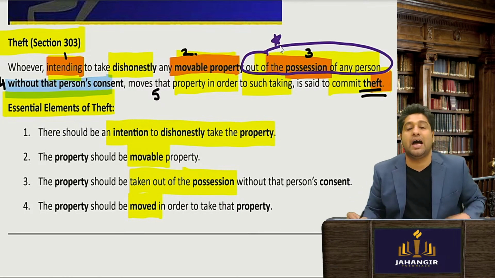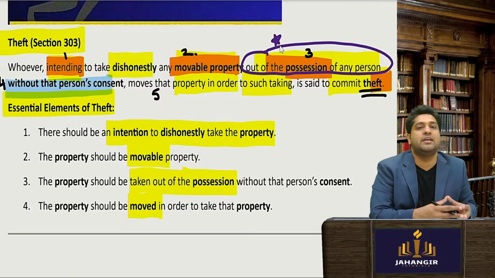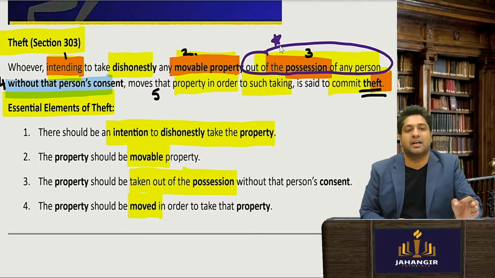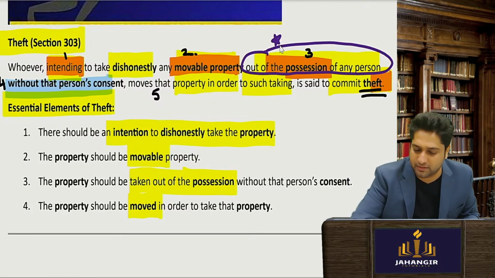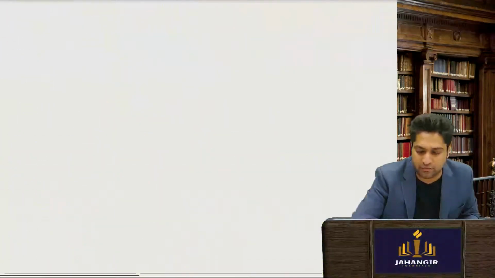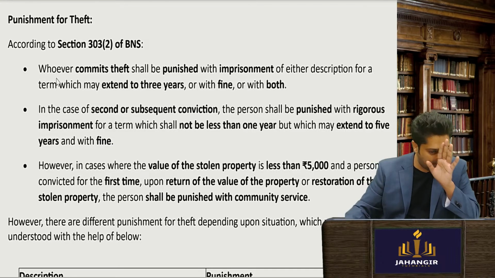So a finder of lost goods cannot be treated under theft. The person will be treated under criminal misappropriation. Concept clear? Because the strict meaning of theft is very different. Okay. Then you give the punishment.